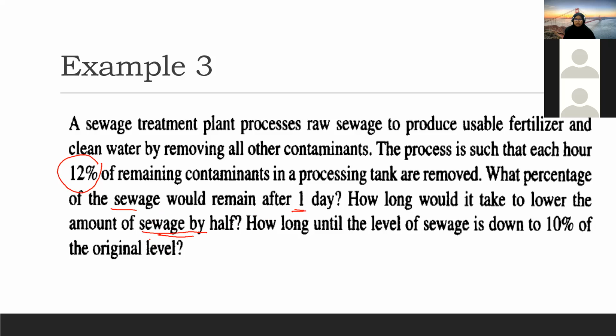And how long until the level of sewage is down to 10% of the original level? So this is related to the rate, something that is removed. So you can understand that as it looks like the mortgage curve.